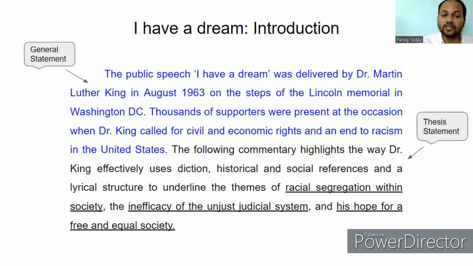So, it clearly says the following commentary highlights three stylistic aspects of the text: diction, references, and structure, to highlight three major themes: racial segregation, inefficacy of the judicial system, and hope for an equal society. So these are the 3 points.